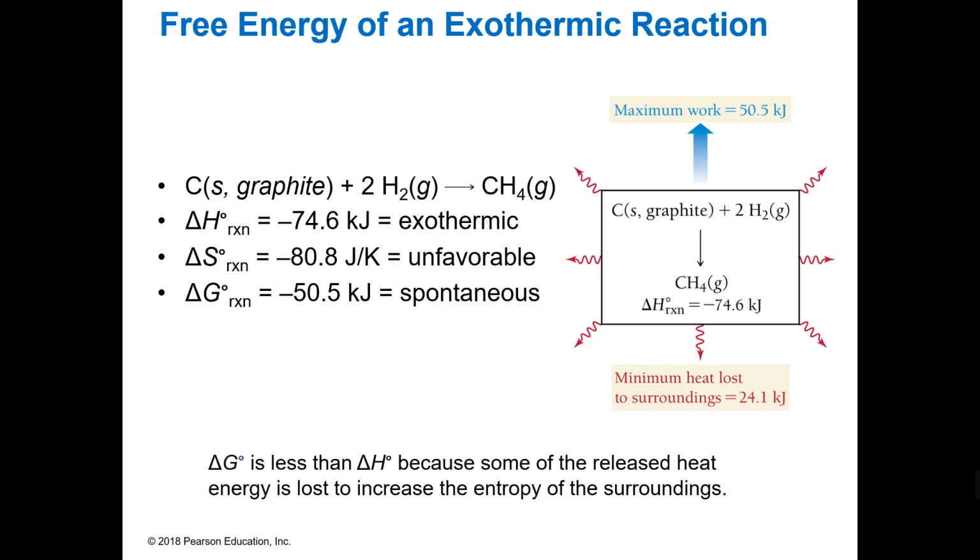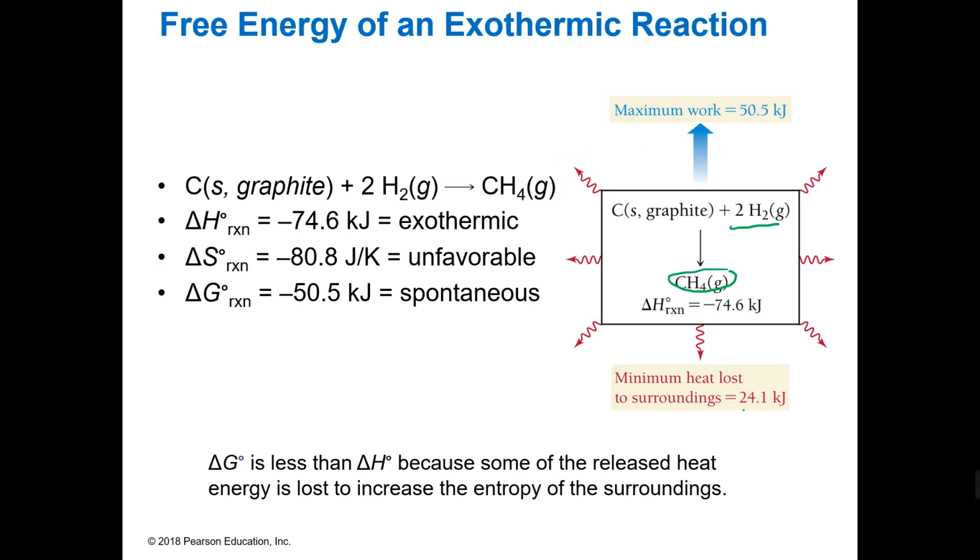So here's just another kind of visual of this. If I have carbon, graphite carbon, not diamond carbon, and I add hydrogen gas to it, I'm going to get methane. Okay? When I get that methane, the maximum amount of work that can be done is 50.5 kilojoules. All right?